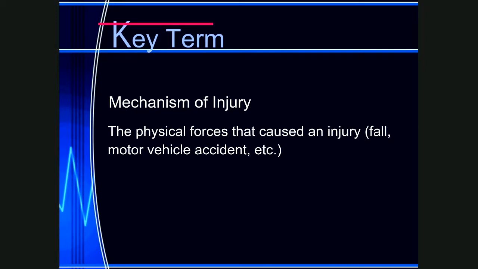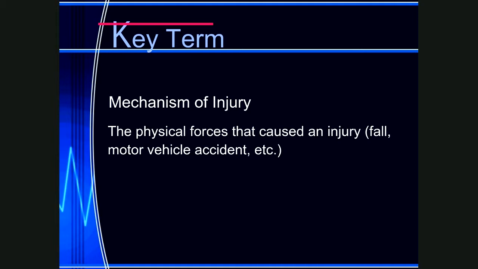Our mechanism of injury, the physical force that caused an injury, such as a fall, a motor vehicle accident, a slip and fall. The mechanism of injury is the force or forces that have been applied to the patient and caused the injury.